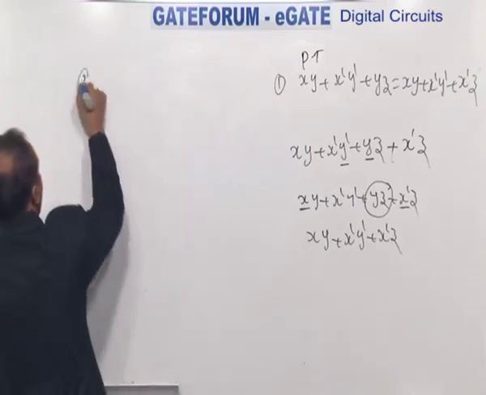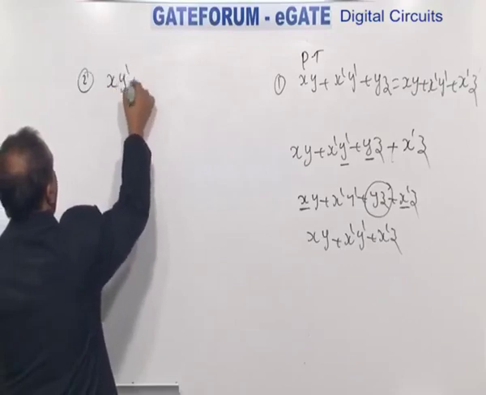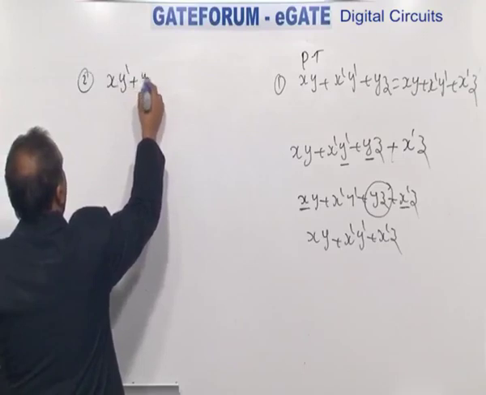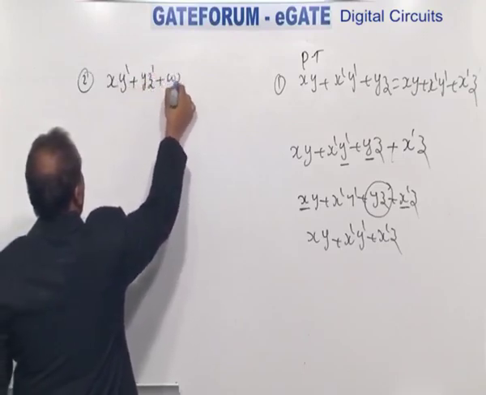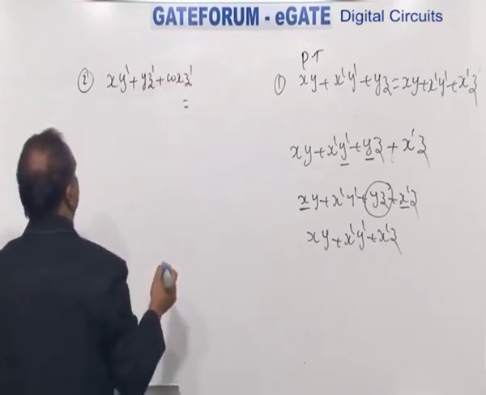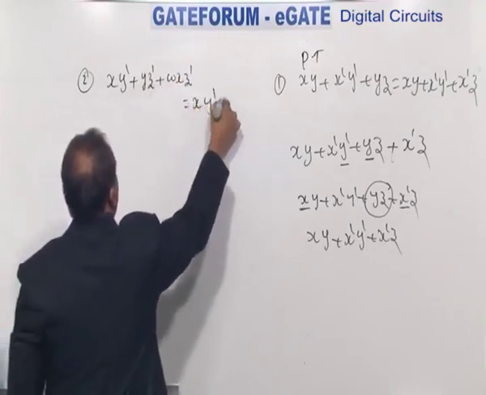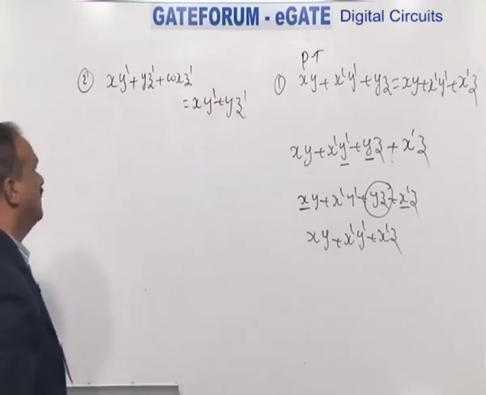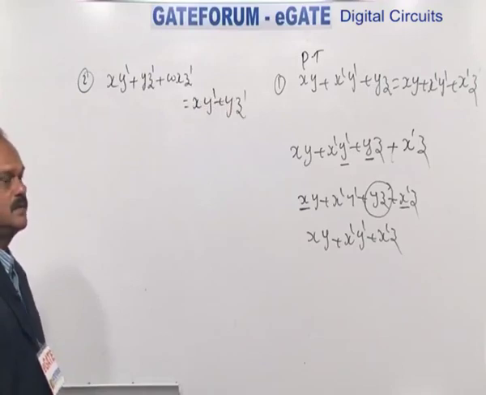Next, second problem. xy bar plus yz bar plus wxz bar is equal to xy bar plus yz bar.